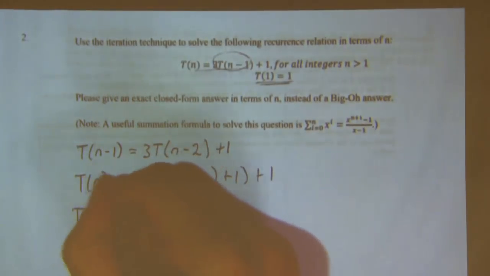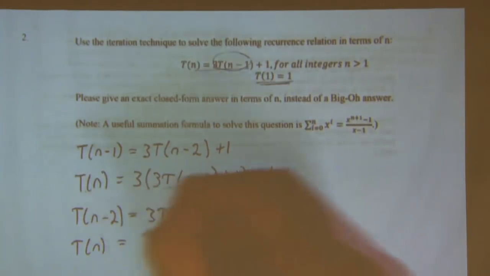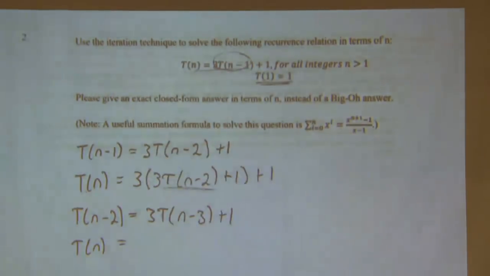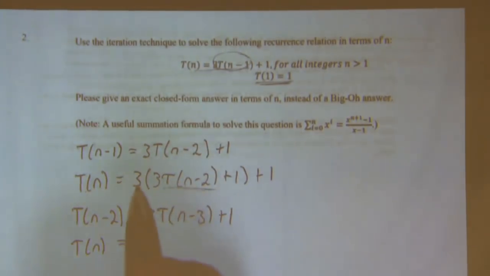We do T(n) is equal to, and so personally when I'm doing these, I tend to leave it in this expanded form and don't simplify just yet. Because the thing that we want to do eventually is see some sort of pattern. And it's really easy because we're going to see a bunch of 3s, and that tells me, oh, we're looking at powers of 3 right here, or something to do with powers of 3.